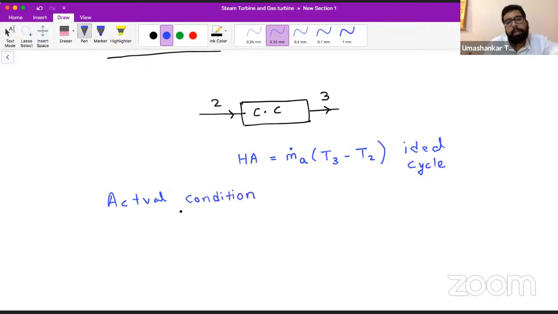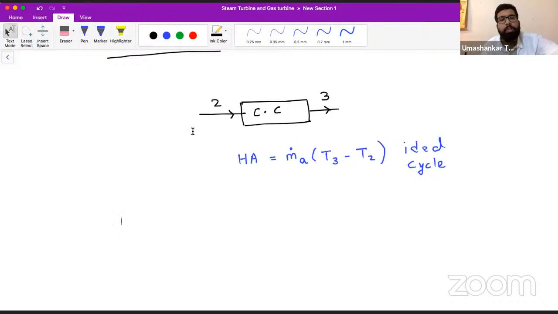what happens in actual conditions? Whatever fuel you are burning. First let's talk about the ideal condition. In the ideal cycle, as you observed in the previous session, we have been using this heat added.